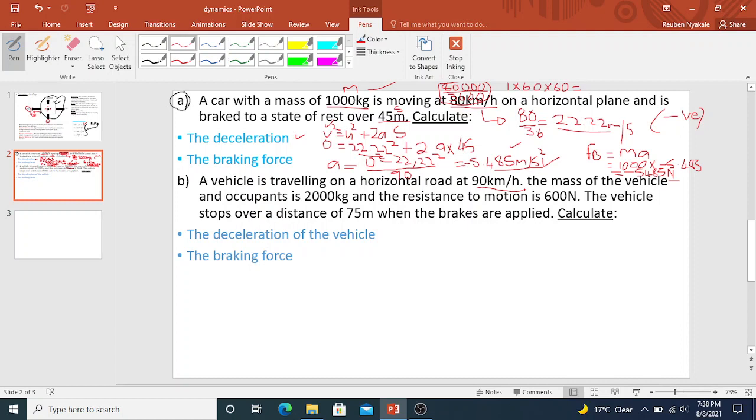We therefore have to convert it to meters per second. Now V will be 90 divided by 3.6. It gives us 25 meters per second.